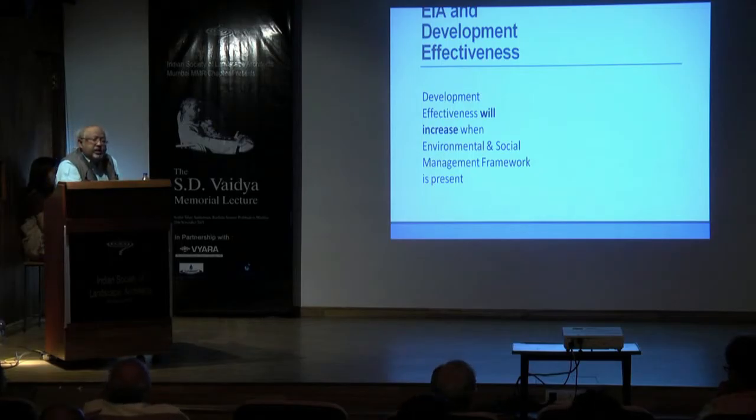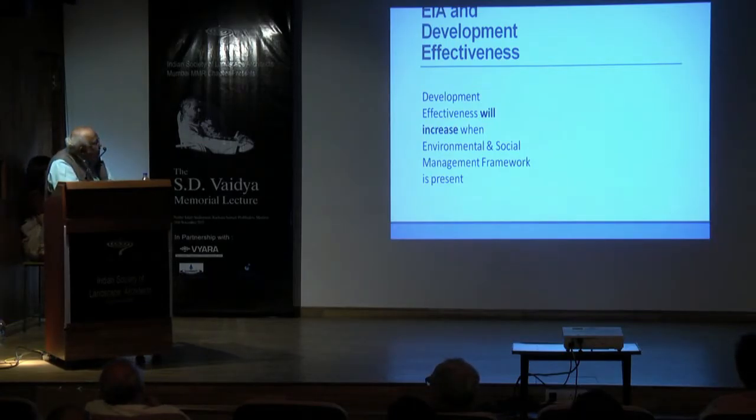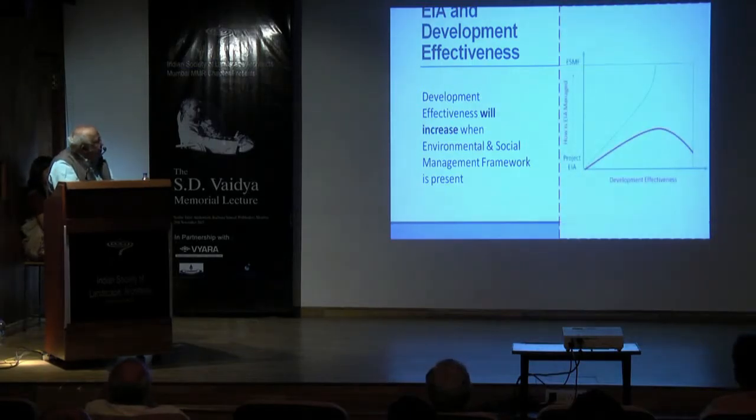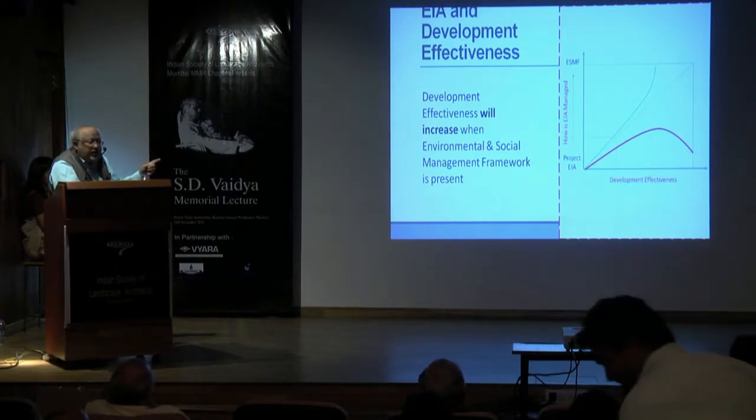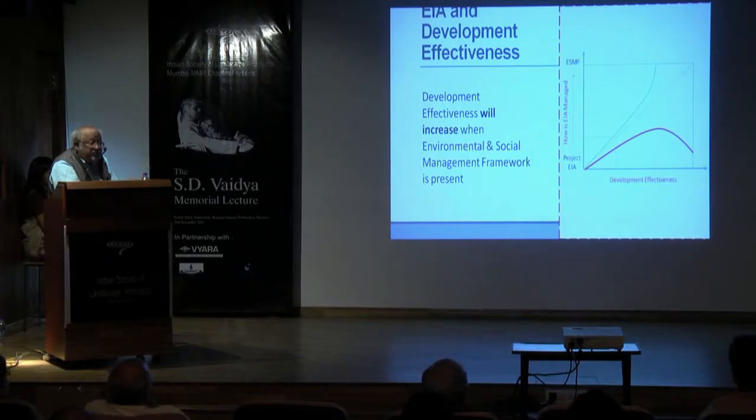If we revisit my first slide, we're looking at projects for the interests of society, for development, for quality of life. And there is something we use, the term development effectiveness of what we do. So if you look at the development effectiveness and the different instruments, project EIA, if left alone in the urban context, you'd find that the effectiveness in a short time is good, but over a period of time, it has a high chance of falling.